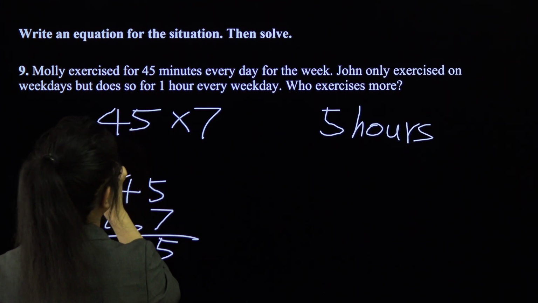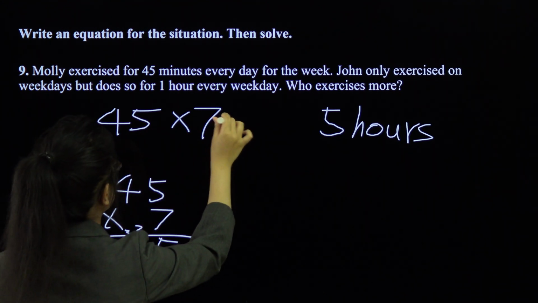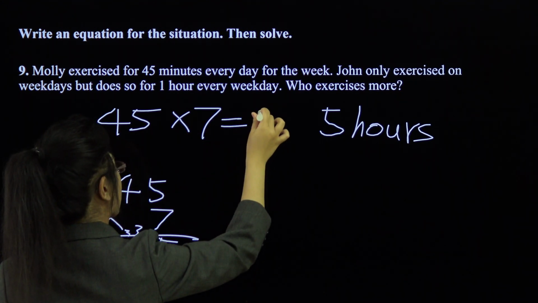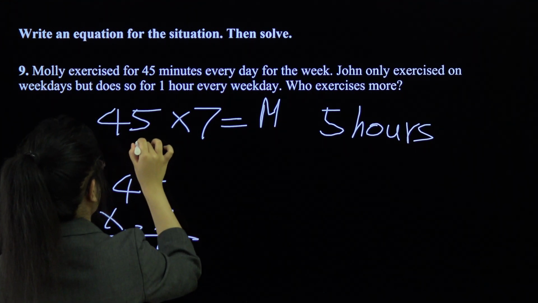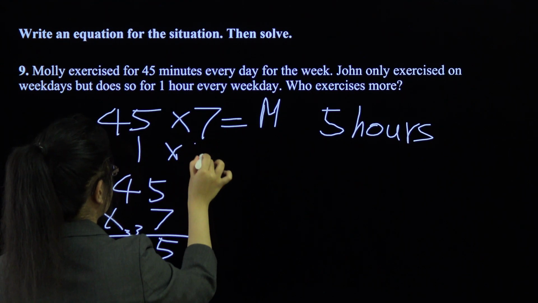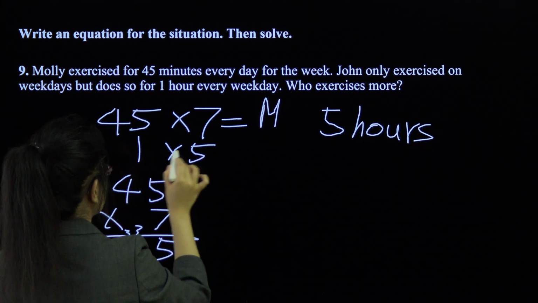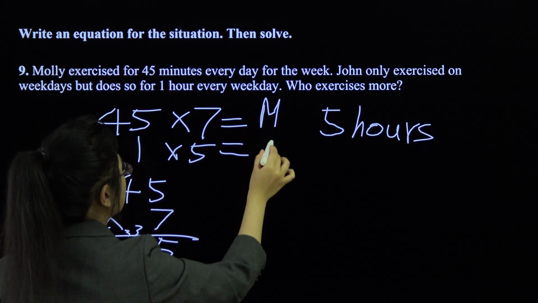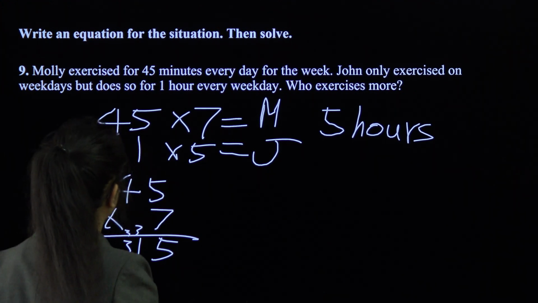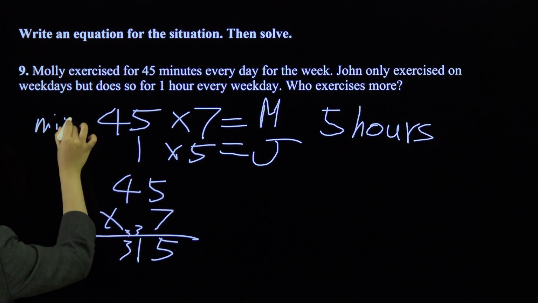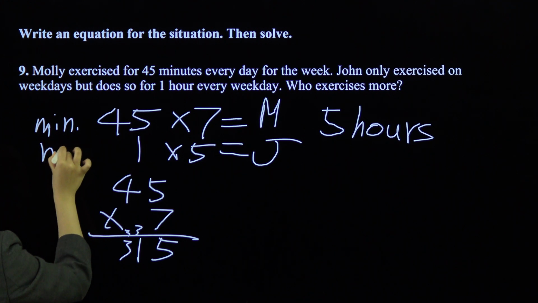So the equations would be 45 times 7 equals Molly, and 1 times 5 equals John. Technically, it's not 1 times 5, because this is minutes, min, and this is hours, HR.